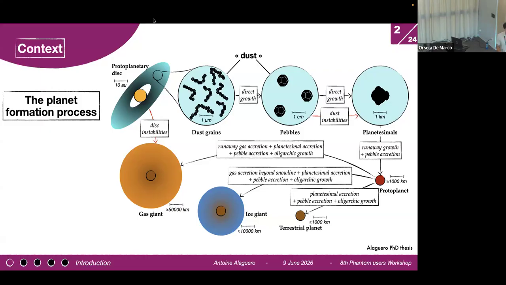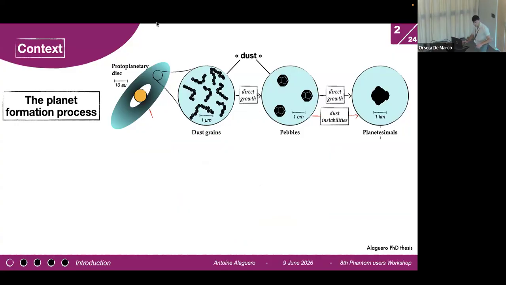There is also a way to bypass this scenario, which we call core accretion, which is disk instability, also called gravitational instability. If your disk is massive enough, it can fragment and directly form giant planets, but I won't talk about this today. So you see here that in order to get this, you need the first row to happen. So let's focus on this, all right?